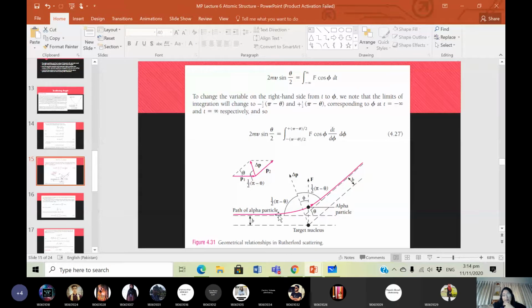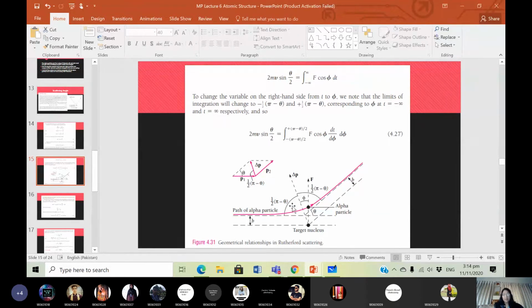But this whole remaining angle is pi minus theta, right? Because if the alpha particle was to go straight through, then that would just be pi angle, right? So this angle here is pi minus theta, and then we divide it into 2 parts, and this becomes half of pi minus theta, and the other part becomes half of pi minus theta.